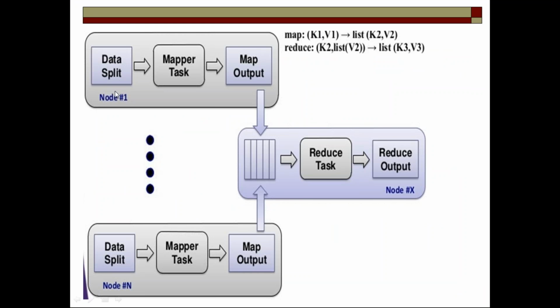For example, I have node 1 to node n, all my input files. All will take care of mapper tasks. In node x, I have a job. So these all will shuffle and sort here, go to the reducer, and we'll execute the process here. So in the back end, it will run like this.